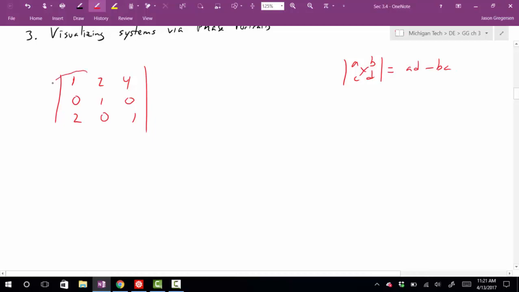So I'm going to expand along my first row. To do that, I take the first value, 1, times some sub-determinant: the determinant of the little submatrix I have left when I eliminate the row and the column of the 1.